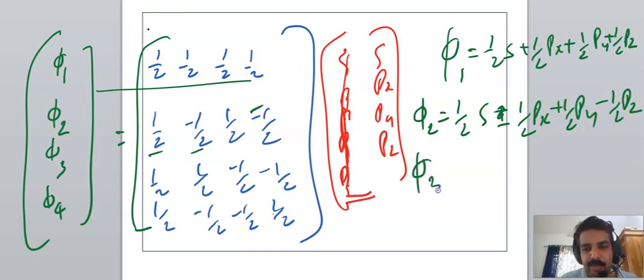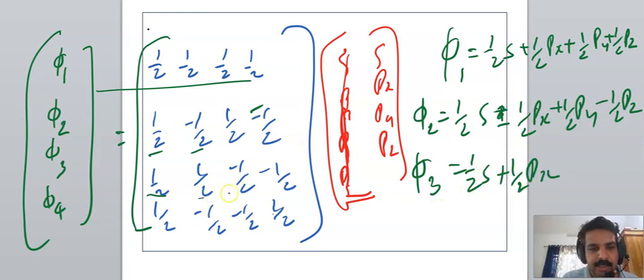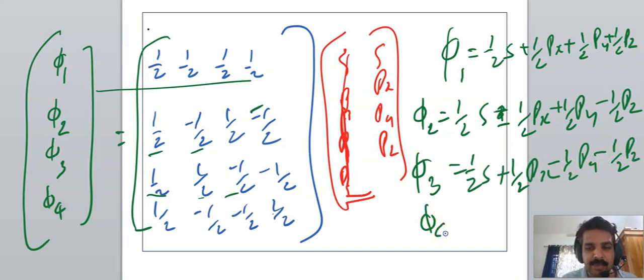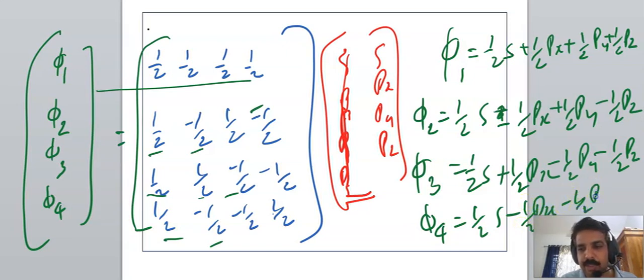The third hybrid orbital, phi 3, is 1 by 2 s plus 1 by 2 px minus 1 by 2 py minus 1 by 2 pz. And the last one, phi 4, is 1 by 2 s minus 1 by 2 px minus 1 by 2 py plus 1 by 2 pz.